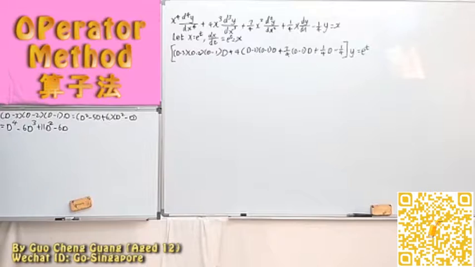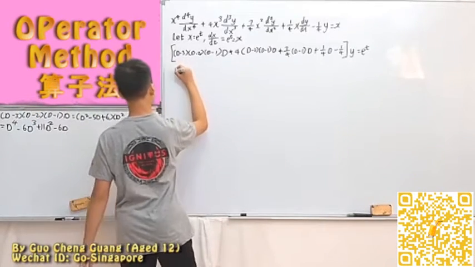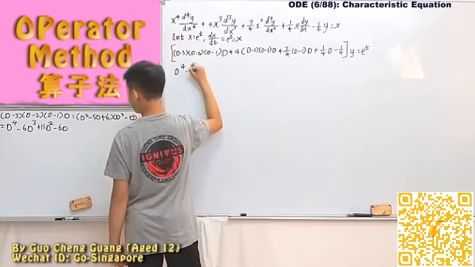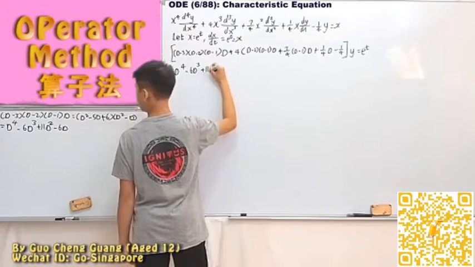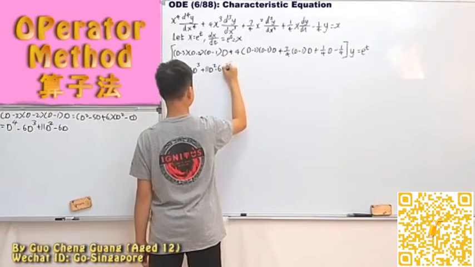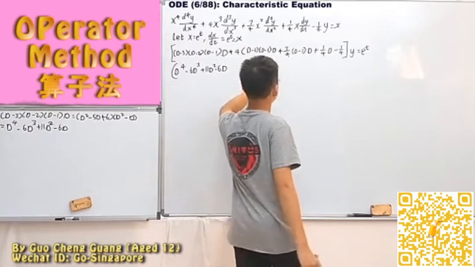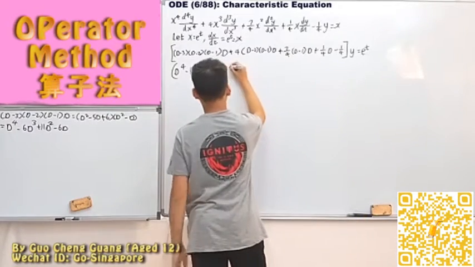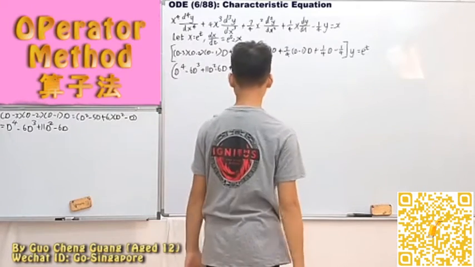So in this part, that's the first thing that we'll have: D to the power of 4 subtract 6D to the power of 3 add 11D squared subtract 6D. So that's what we have. Then for the next parts, those will be much simpler.